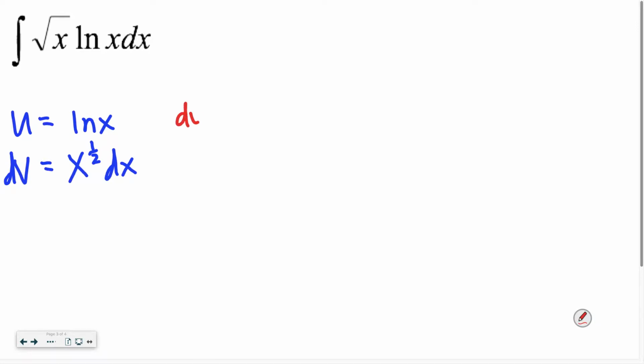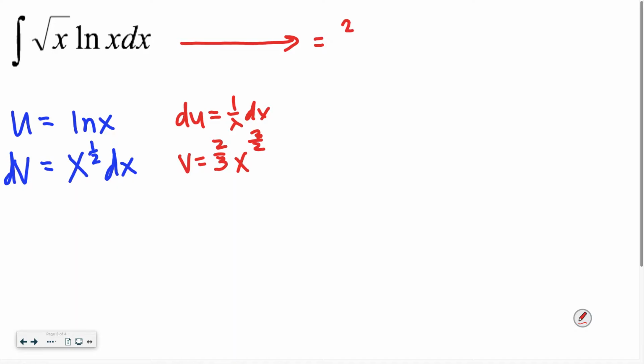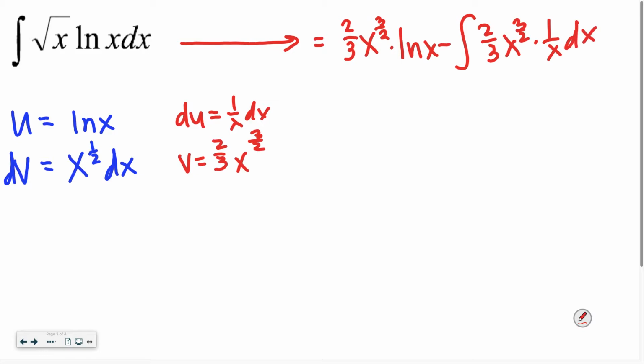Two-thirds times what's the root of x? 2/3. Okay, 2/3 times 2/3 is 4 over 9. When did two-thirds become so?